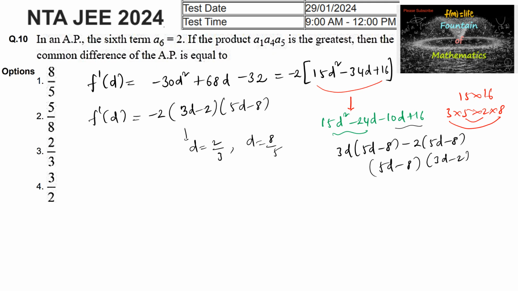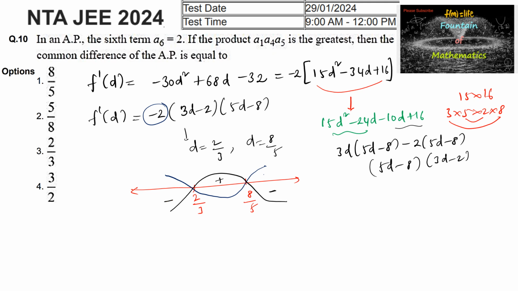So by using the wavy curve, 2 upon 3 and another point 8 upon 5. So based on the sign change rule, it's positive, but because there is a negative coefficient minus 2, we need to consider the curve accordingly. So in this region negative, here it is positive, and here it is negative.